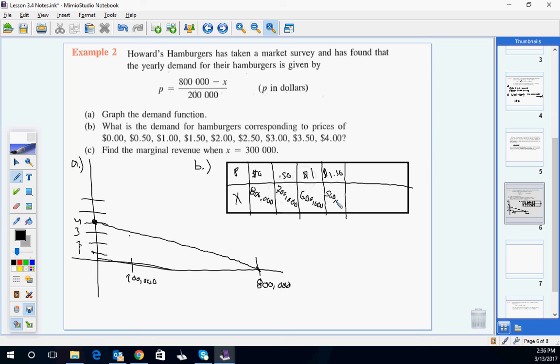You can just see it's that linear relationship still. $2, 400,000, and then etc. Okay, I'll let you finish that off, but if you go all the way to 4, 4 would be 0.